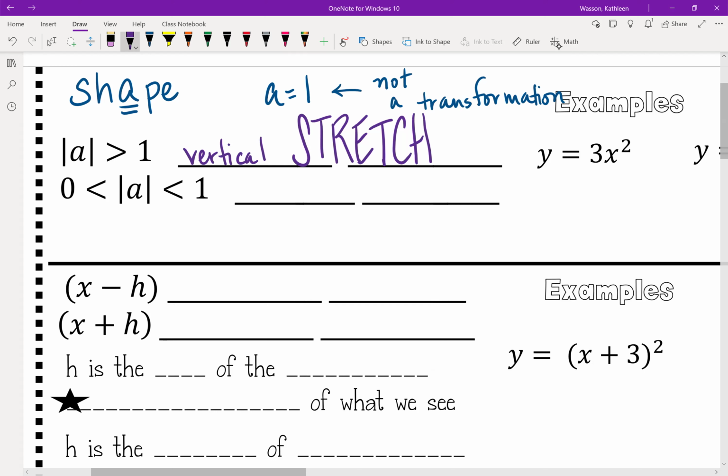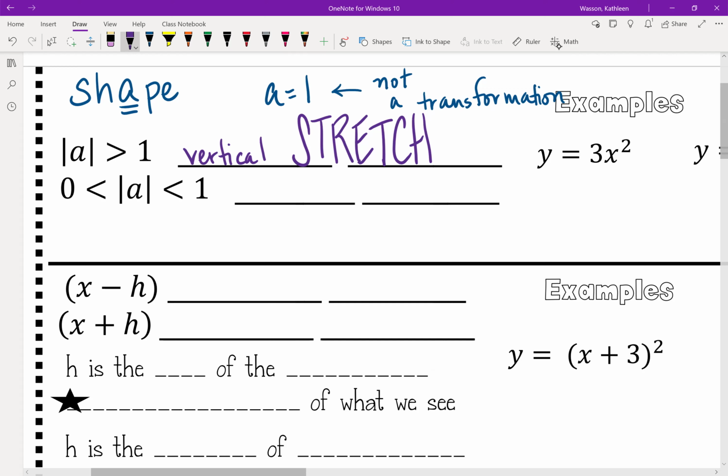It'll stretch up and down. The changes that we make to shape and direction in this class will only be vertical changes. It's also possible to have a horizontal stretch and you stretch it sideways, but we're not going to address that. We're just going to do vertical stretch.